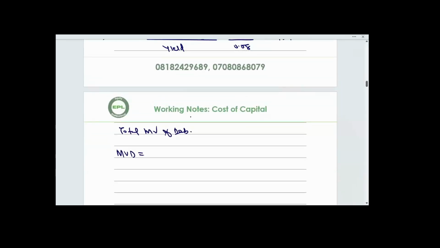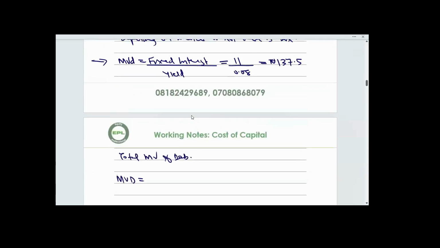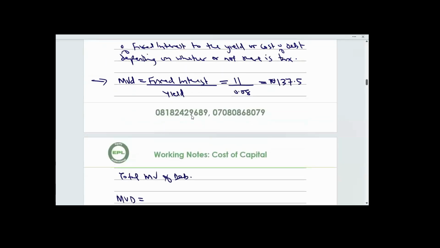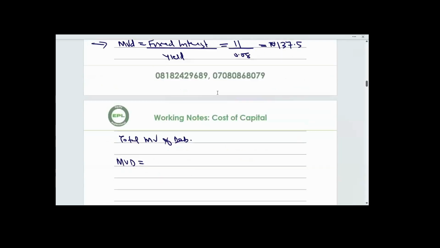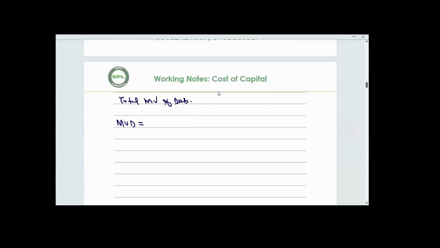The formula will remain the same, except that the interest we have here is per unit of the debt. So I need to calculate total interest. Let me write out the formula: fixed interest, because all these little things you need to understand, divided by the yield.